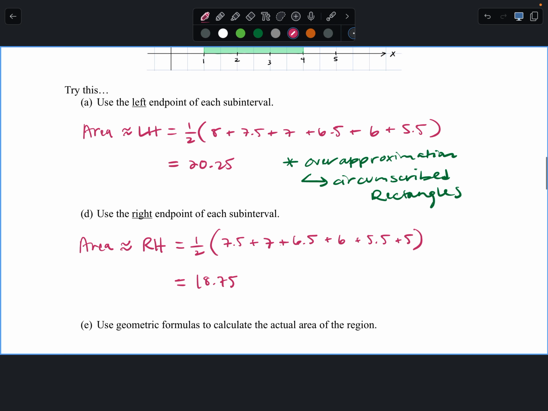Okay, and that is an under or over? Under. And what type of rectangles are those? The opposite of circumscribed. Inscribed. It's an under approximation, and those are inscribed rectangles.